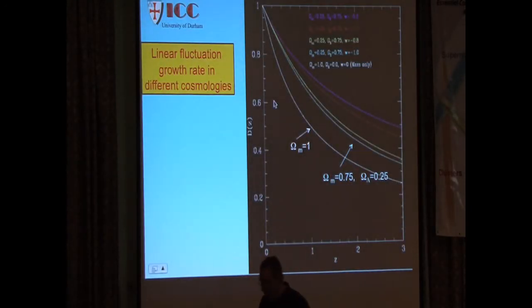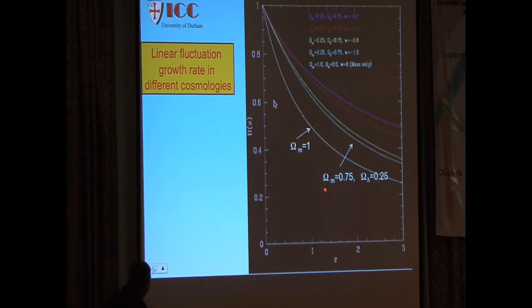So here is a comparison of the growth rates of fluctuations, as a function of redshift. That's the growth rate, all normalized to 1. And here are two cases of interest. So you see here, as we just saw in the previous transparency, that if omega matter was 1, then fluctuations would grow much faster than in a universe with dark energy or a cosmological constant in this case.